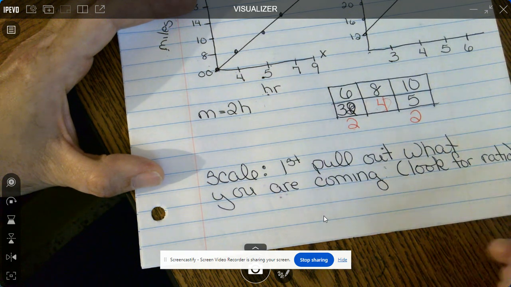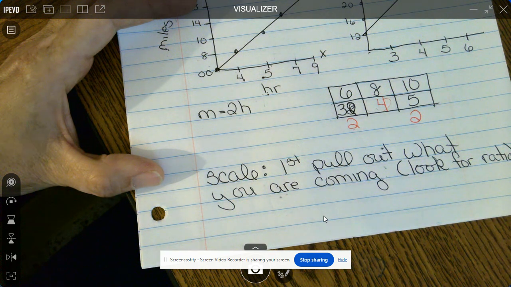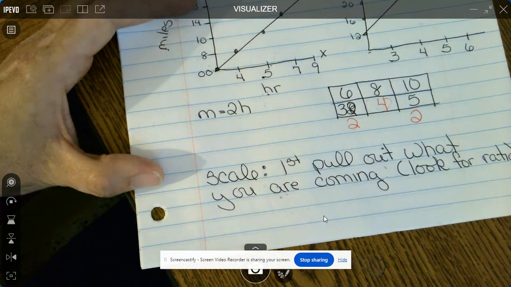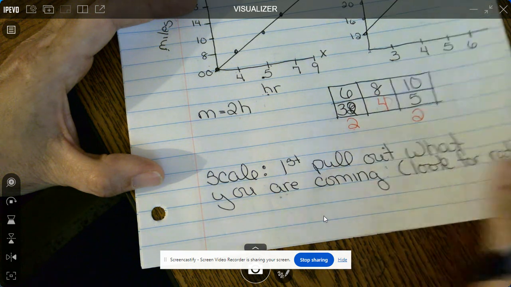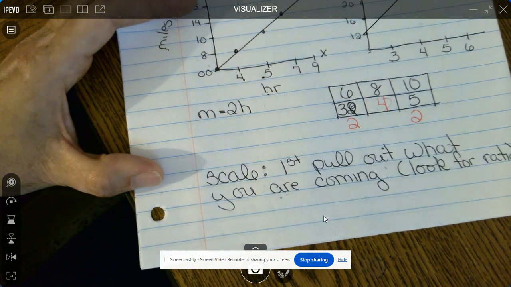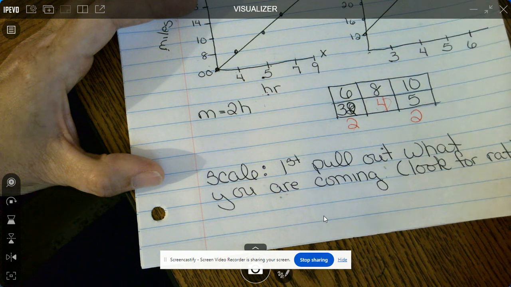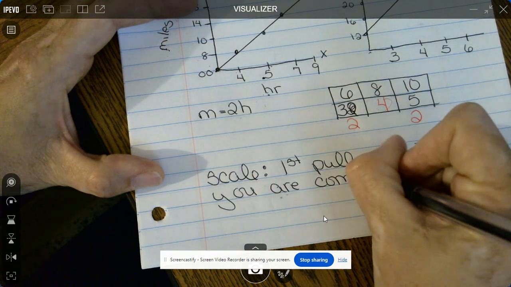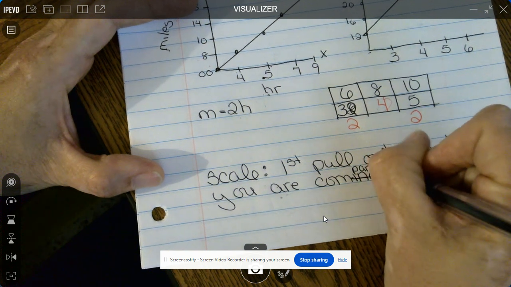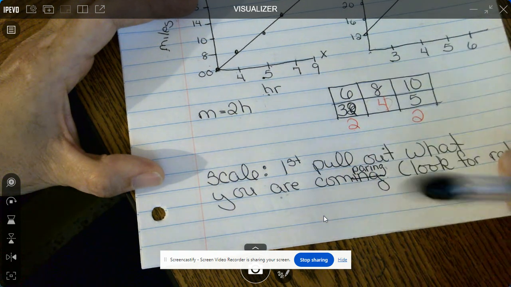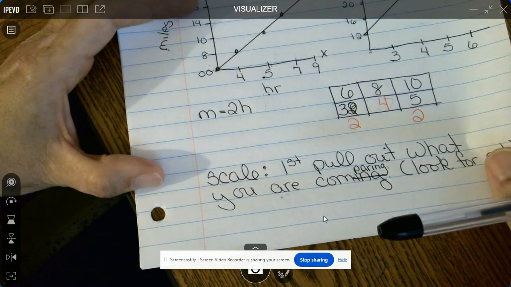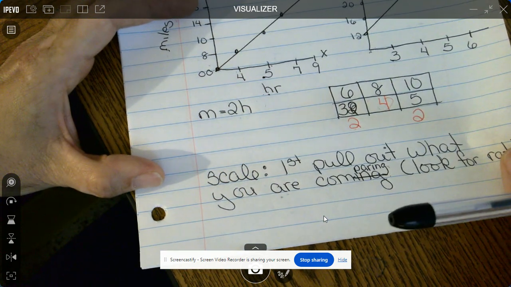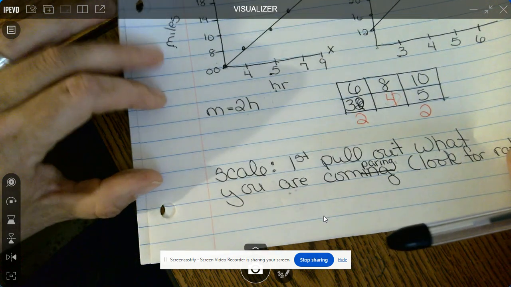If not, look for keywords like height over shadow, tall versus shadow, things of that nature. So comparing.